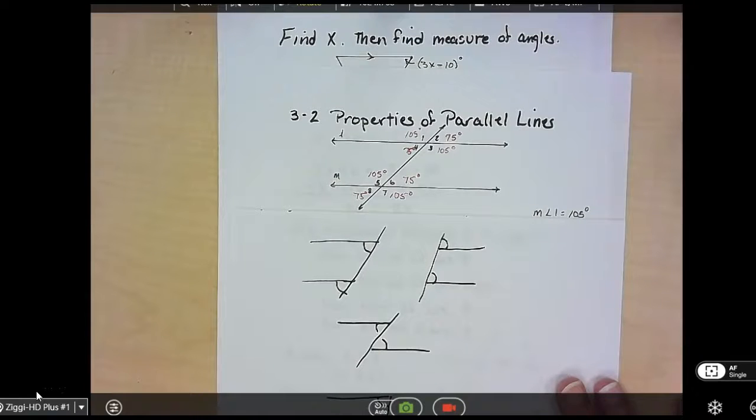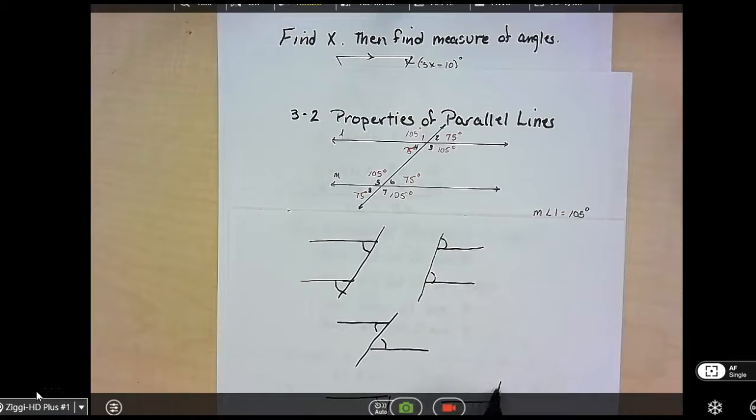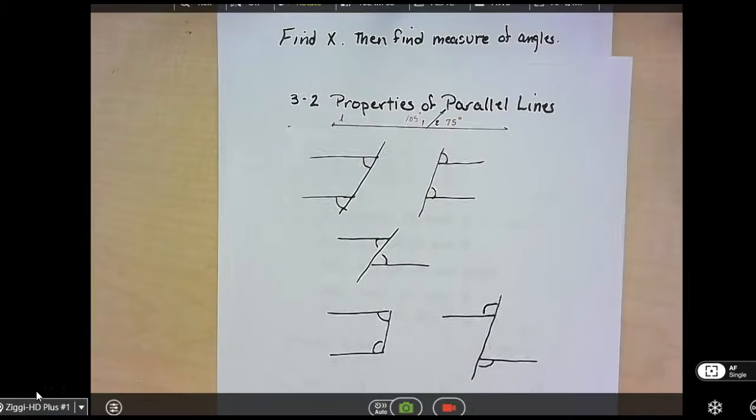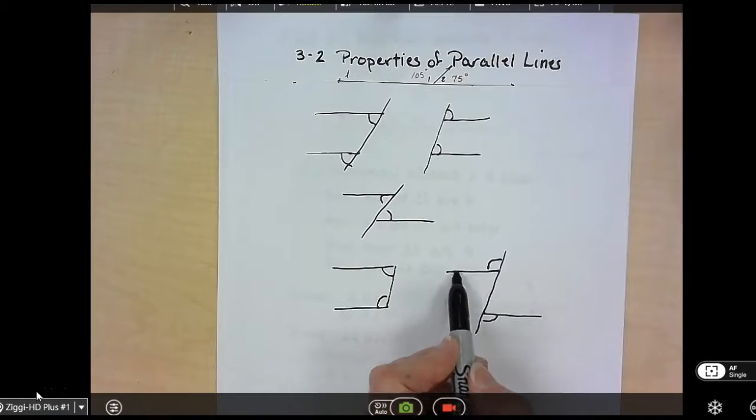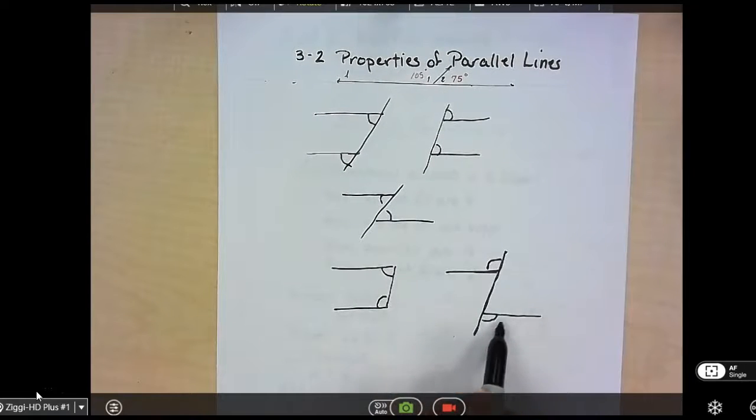They are your supplementary. If we look at our alternate exterior angles, that one and that one, I don't know what we can make that into. We come up with what that is with this angle and that angle, then we have something.